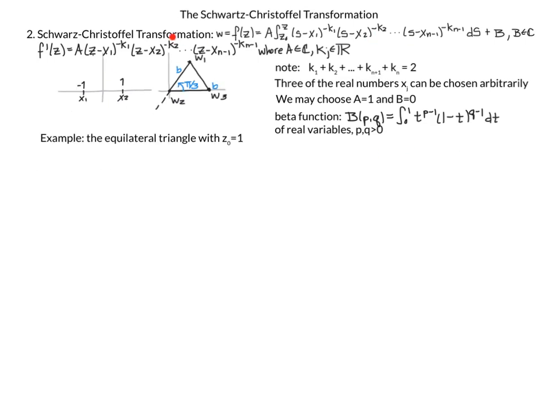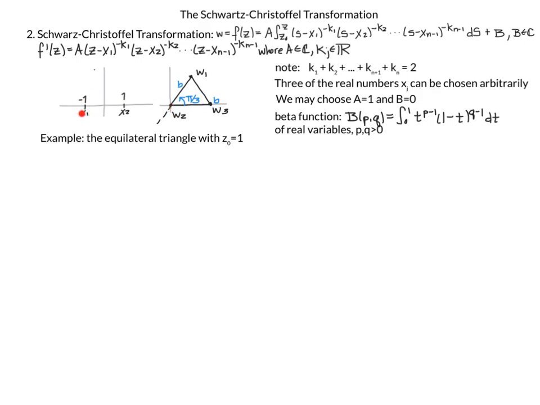I have some of the notes over here for you, and our first example is the equilateral triangle with z naught equal to 1. And here is our picture that we'll be using. We're going along the z-axis. We'll let x1 equal to -1, x2 equal to 1, and then our equilateral triangle, we're going to place it so one of the vertices is on 0, and that's W2, so x2, or 1, gets mapped to W2.